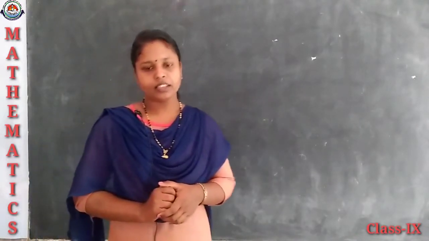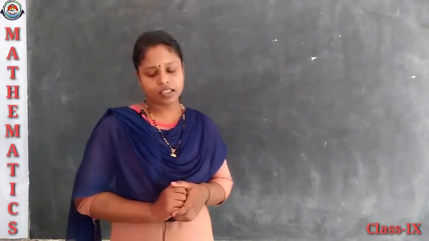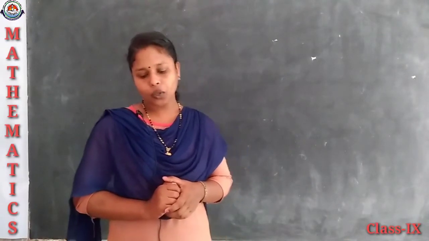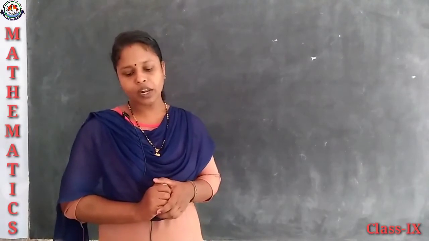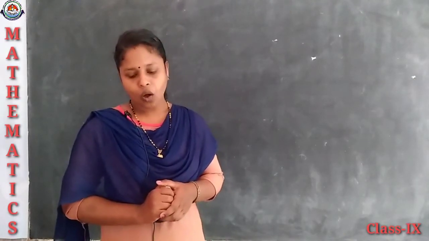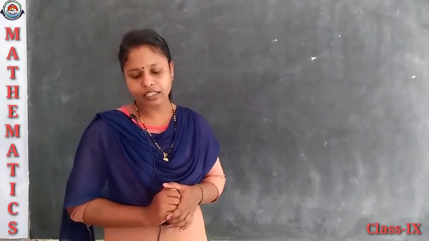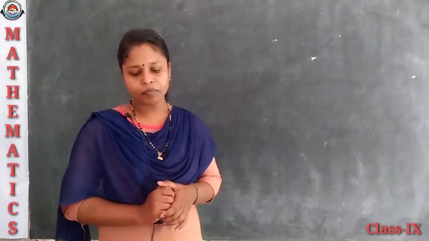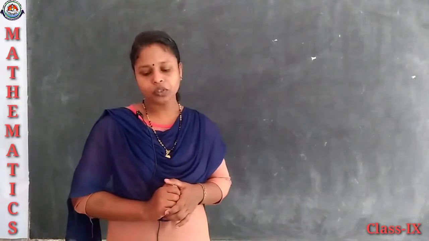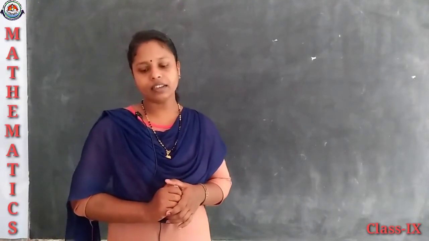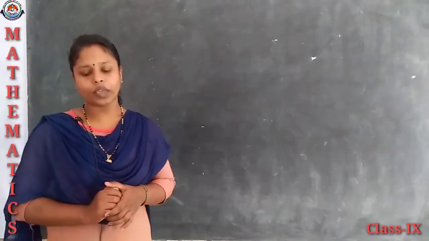Today's first question. In the figure, POQ is a line, ray OR is perpendicular to line PQ, OS is another ray lying between rays OP and OR. Prove that angle ROS equal to half into angle QOS minus angle POS.